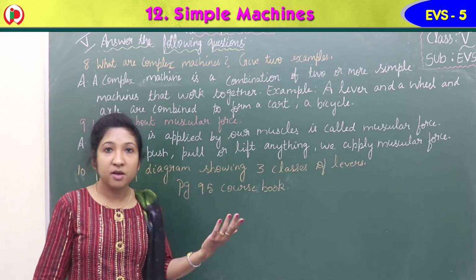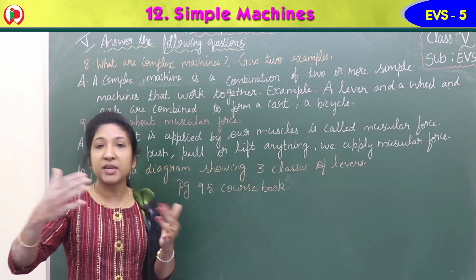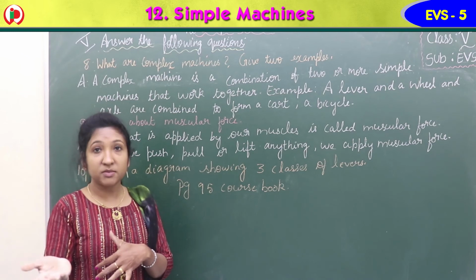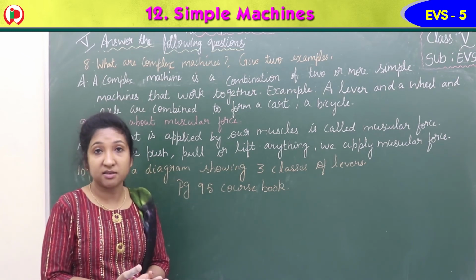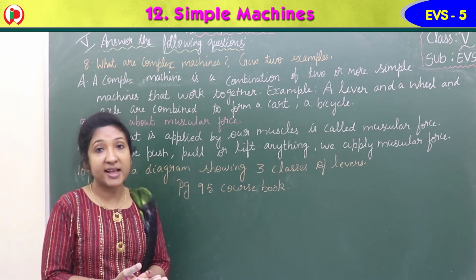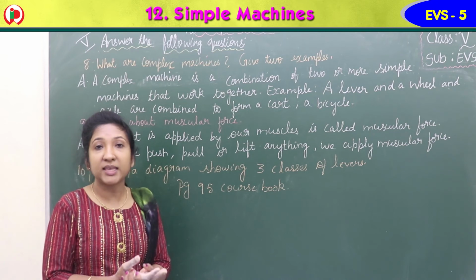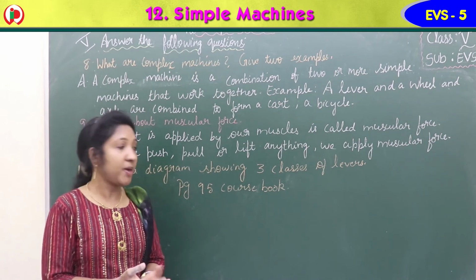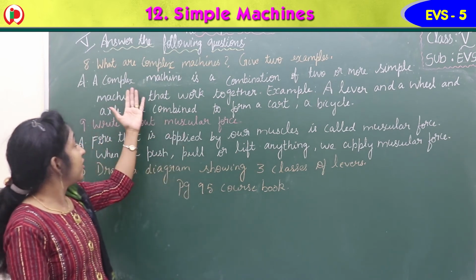Fulcrum coming between load and effort, load coming between fulcrum and effort, effort coming between load and fulcrum. Examples also we learned. So you can refer to your course book, page number 95, and you have to draw. Okay, children?